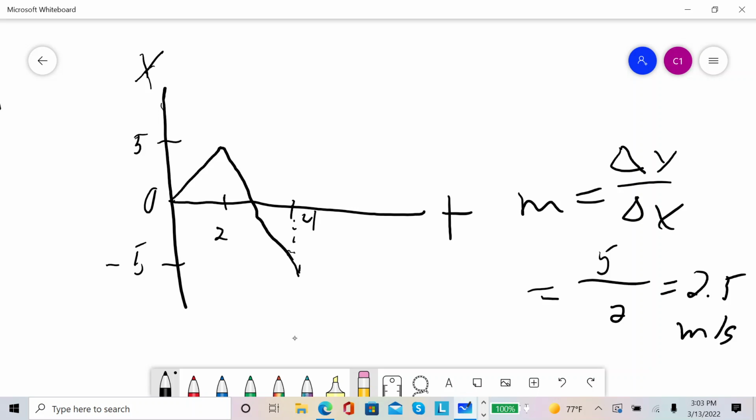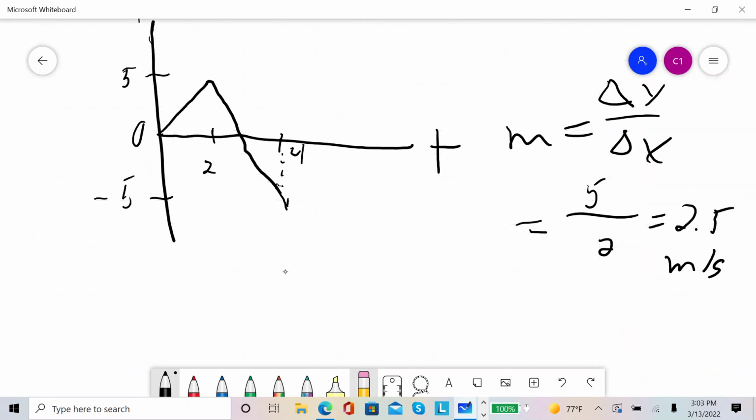Now you can do the same thing for the second part. In 2 more seconds, they go from 5 to -5, which means they travel a total of -10, because they go from 5 to -5. So that's negative.